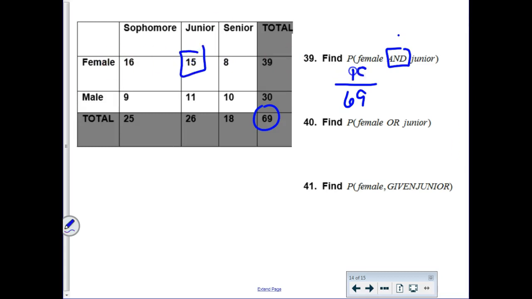Now, if this was a multiple choice test, which it will be, I did not call it 15 over 69. I can guarantee you that because that's reducible. So one option is if you hit math enter and you get the reduced fraction, that's probably what I called it. Was that 5 over 23? Okay. The other possibility is they wrote it as a decimal. So what's 5 out of 23 if you just type it?